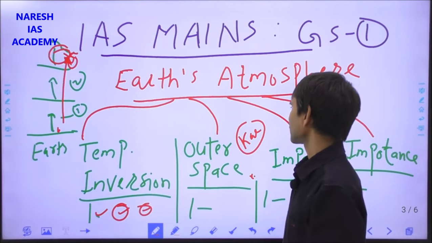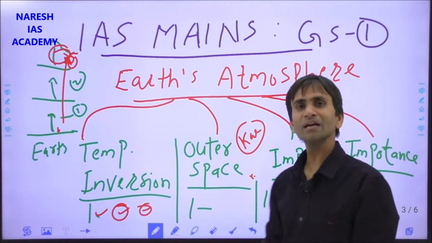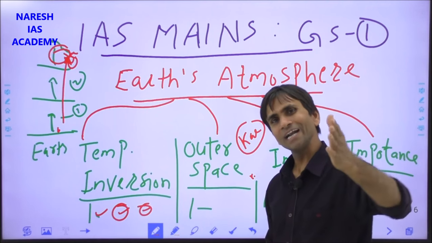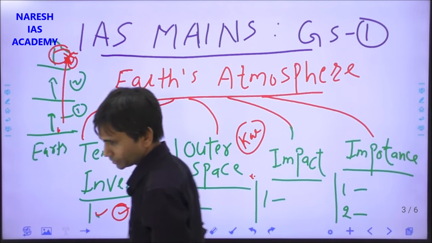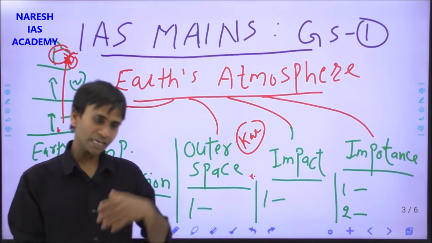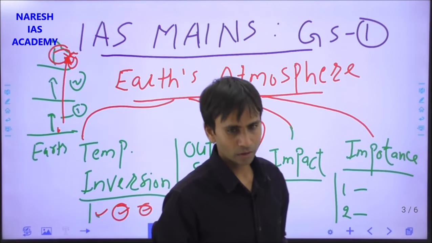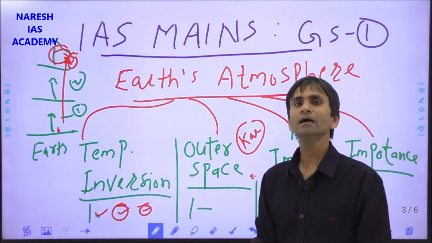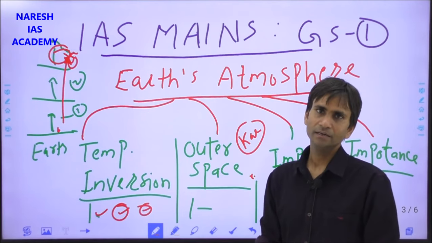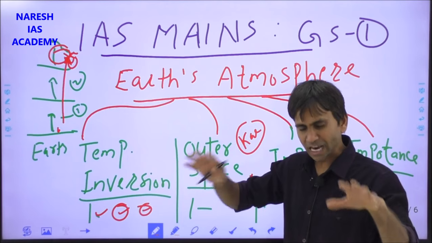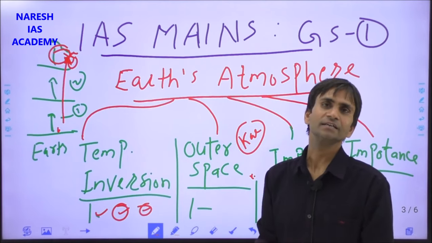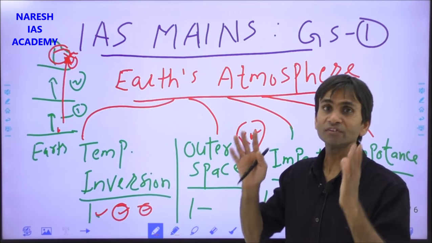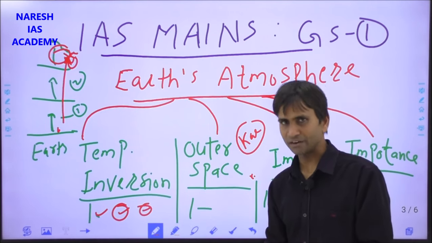And the third aspect of the Kármán line is that above the Kármán line, no country is allowed to set up any kind of nuclear bombs, weapons, and long range missiles. Outer space can be used for research and for the invention of different dimensions of Earth's life.